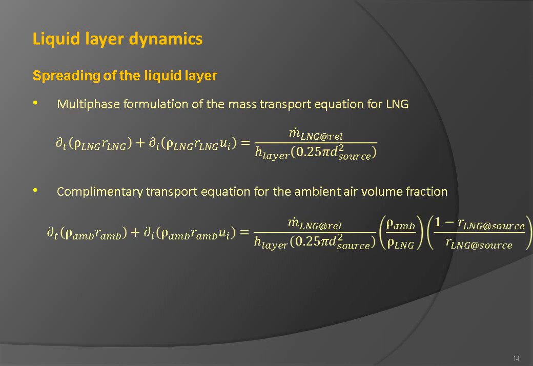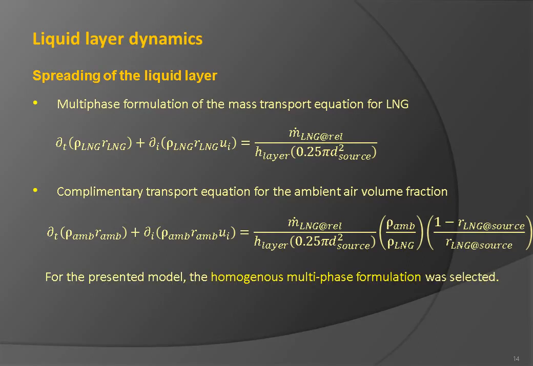It should be noted that a complementary transfer equation for the ambient air volume fraction is also required to maintain the volume fraction ratio and the related LNG layer thickness. For the presented model, the homogeneous multiphase formulation was selected. This brought an additional resistance to the liquid layer dynamics, but the conducted tests did not produce large differences in comparison to the heterogeneous model.